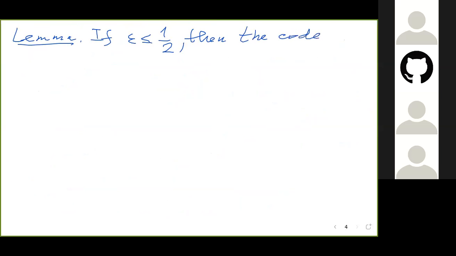So the second lemma states that if epsilon is at most 1/2, then the code we construct, the code defined by that number, has minimum distance larger than alpha times n.